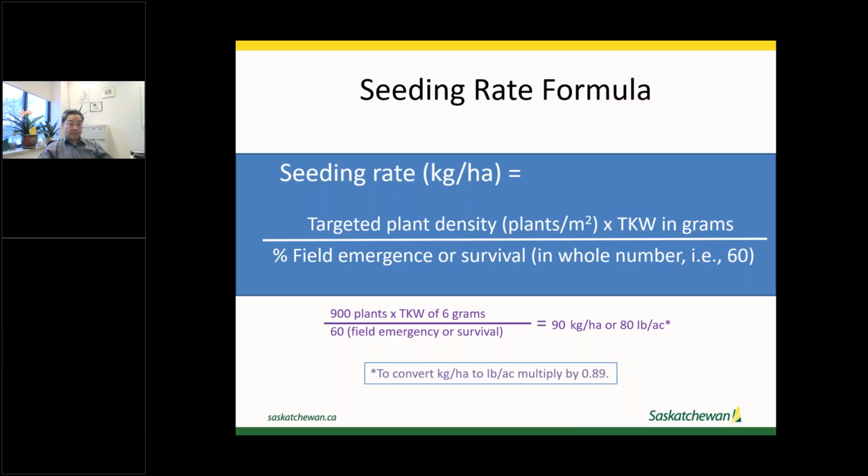In other words, the seedling survival rate. And you will not use the percentage, but the whole number. If the emergence rate is 60%, you use the whole number, 60. And when we put in those numbers from the previous slides, we have the same result, 80 pounds per acre.